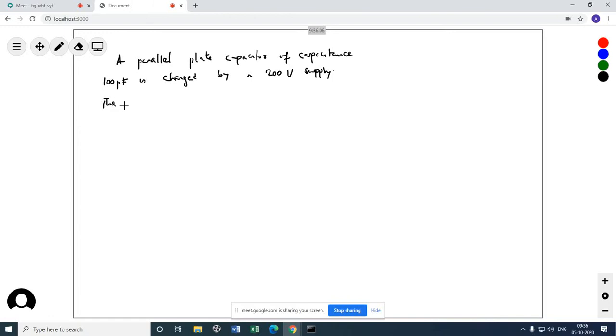The distance between the plates is 4 millimeter.